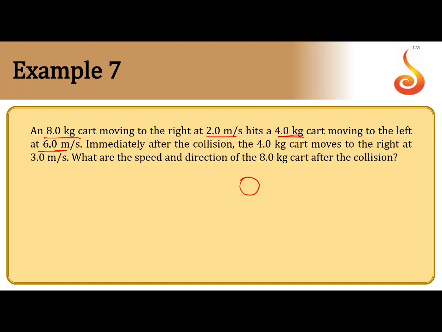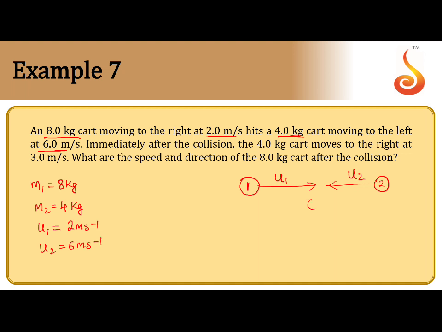So, this is the first cart moving to the right with u1. This is the second cart moving to the left with this velocity. So, m1 equal to 8 kg, m2 equal to 4 kg. Before collision, their velocities are u1 equal to 2 meter per second, u2 is equal to 6 meter per second.